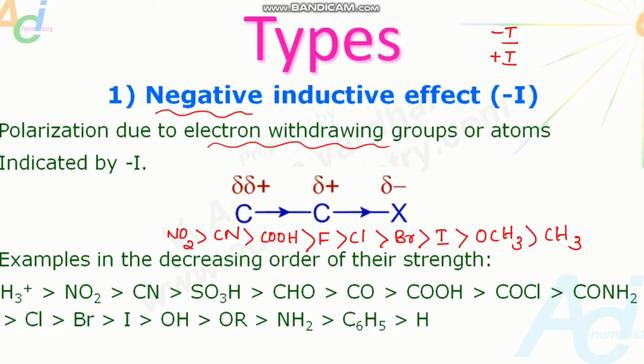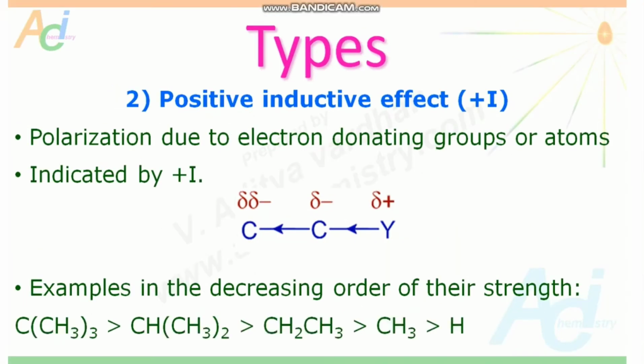Now let's see what the positive inductive effect is. The positive inductive effect is caused by the presence of an electron donating group in a molecule. Here Y is an electron donating group, so it donates its electrons to this carbon atom, which thereby has a net negative charge, while Y has a net positive charge. That is the positive inductive effect.